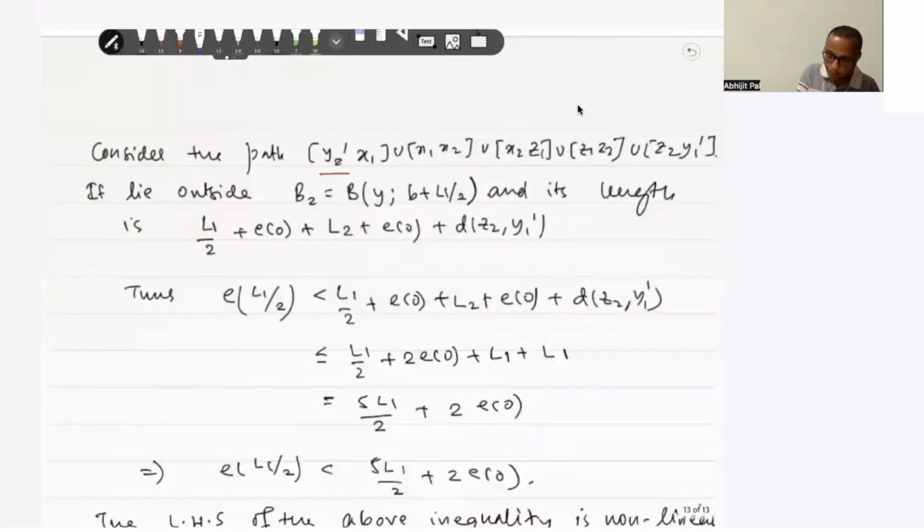So first take the geodesic y2 prime x1, then take x1, x2, then take the union the geodesic x2, z1, then take the union z1, z2, and then take the path z2 to y1 prime.